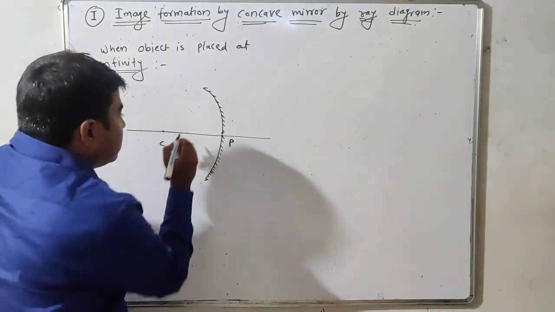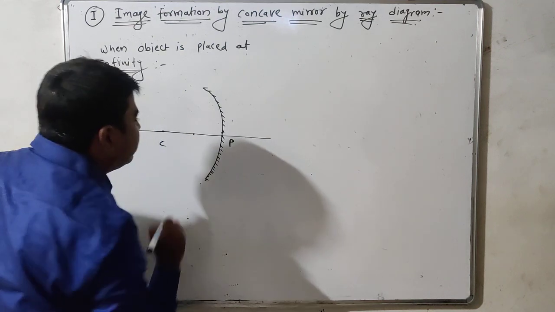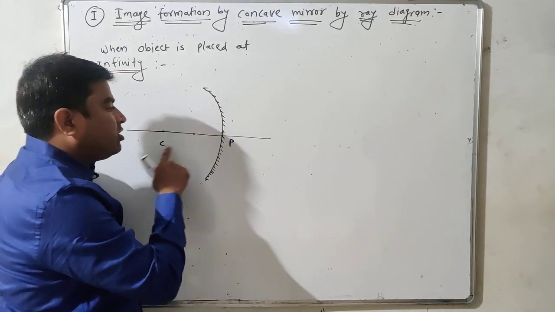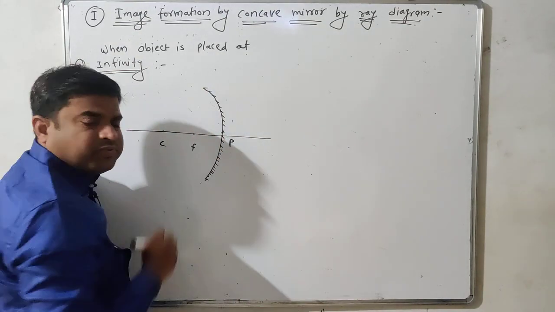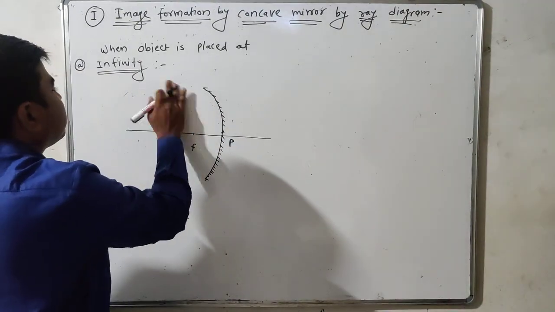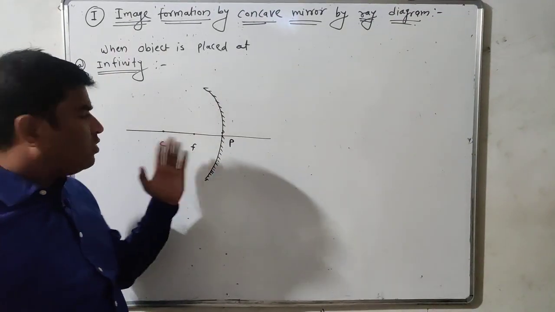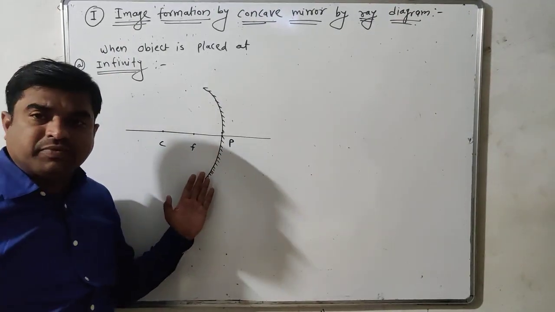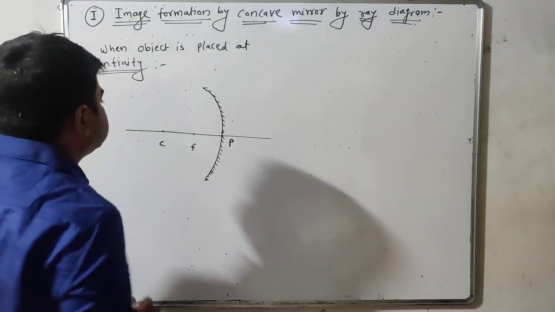And a point located exactly midway between center of curvature and pole is called its focus. You all know about these points that we studied in our previous video lectures.